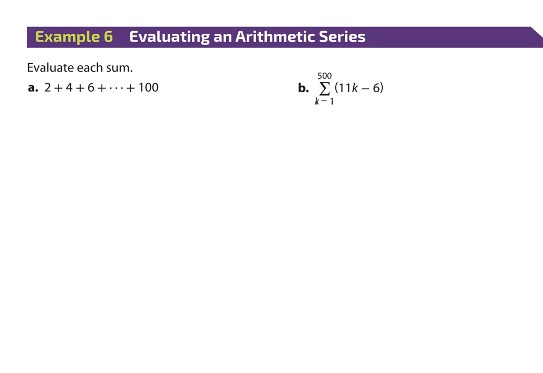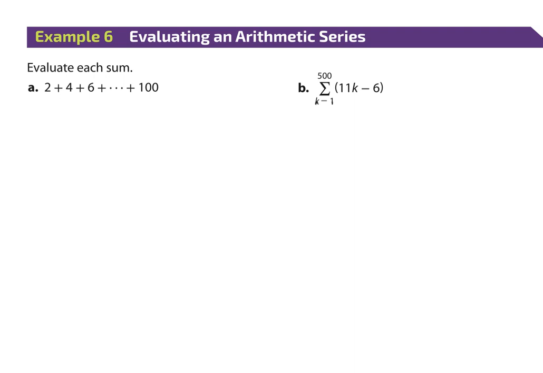So let's look at this. Evaluate the sum. All right? Evaluate the sum. So for this one, I am going to say, well, I know that I am adding up the numbers from 2 to 100. I know that I am going up by how many?